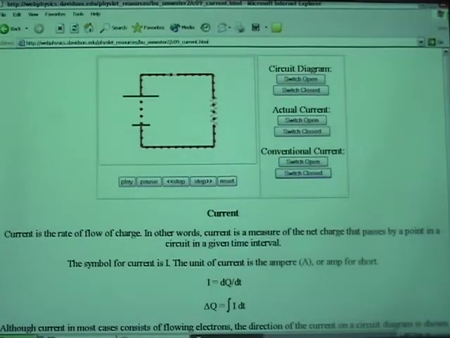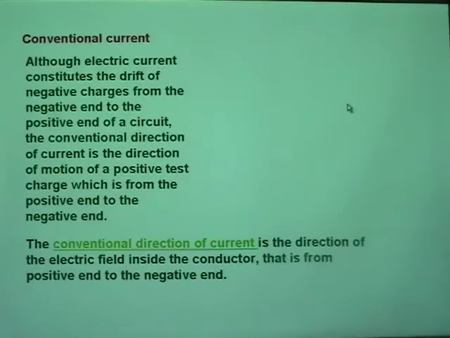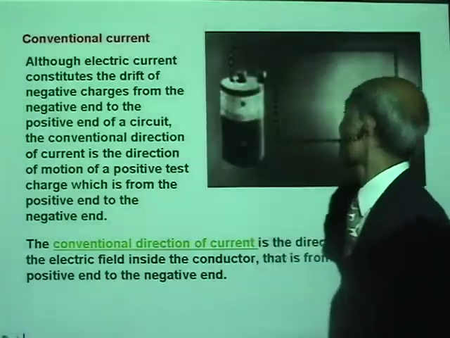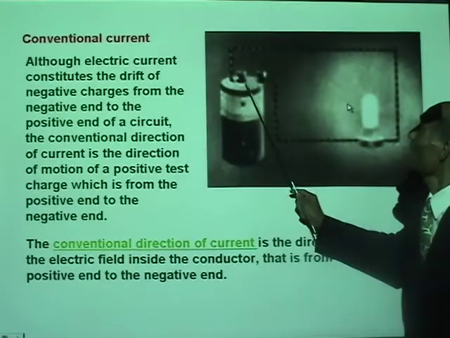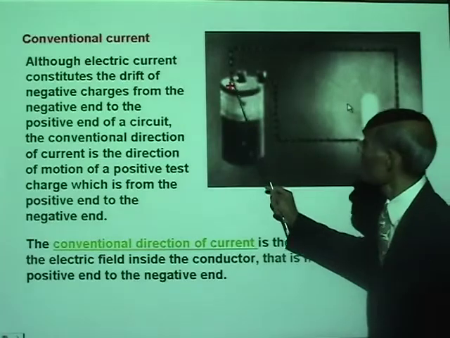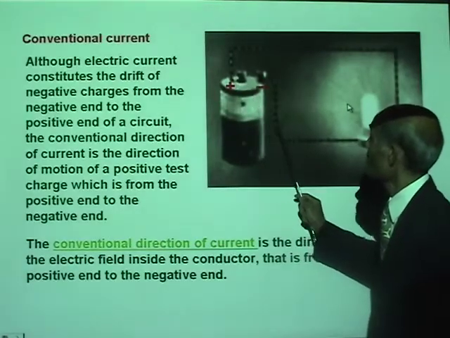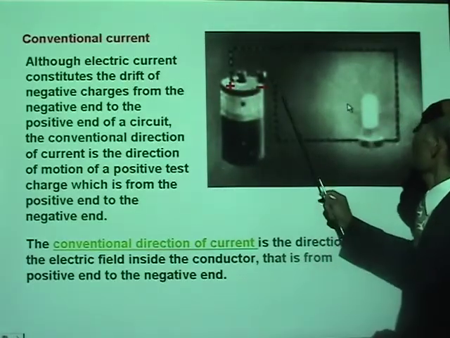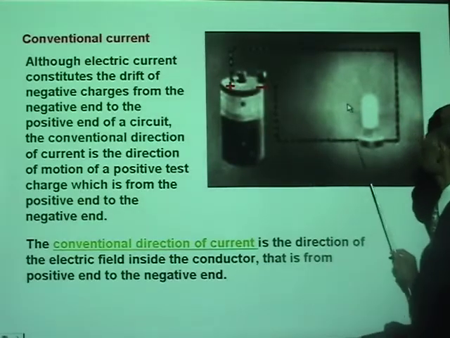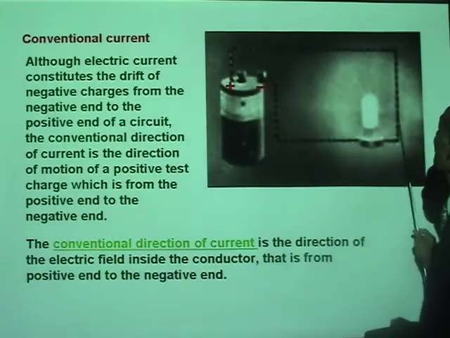Okay, now that you know what a conventional current is, let's now continue our study of electric current. Now here I have an illustration of a battery. That's the positive end, and that's the negative end. Now when you connect the negative to the positive, here I have a bulb connected.